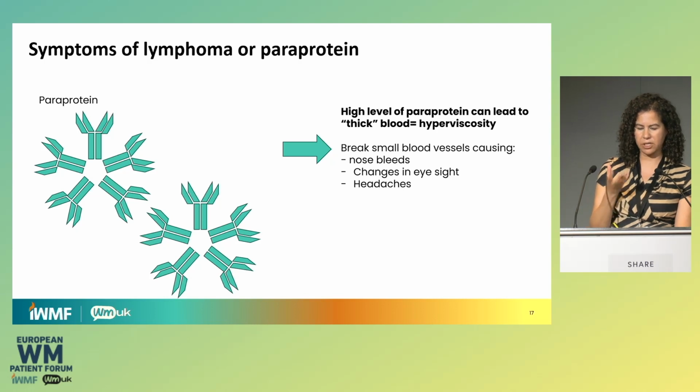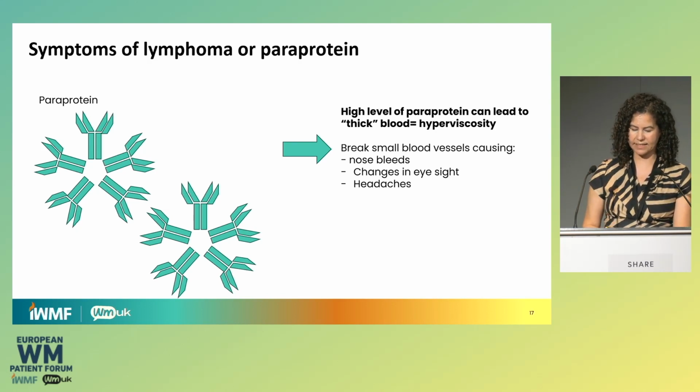So these big molecules, if you're producing a lot of them, because of their size, can cause breakages of the small blood vessels. So you may notice that you get nosebleeds, changes in eyesight, or perhaps headaches as well, related to an increase in these antibodies.